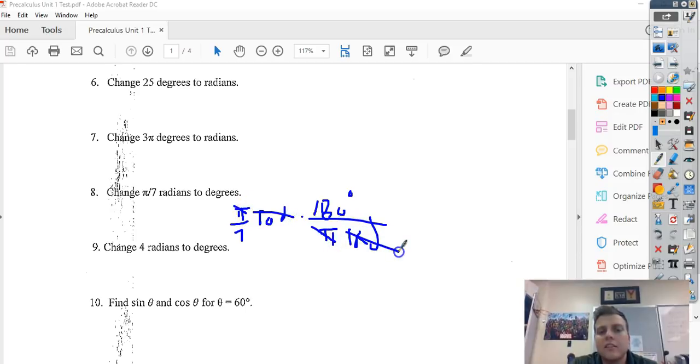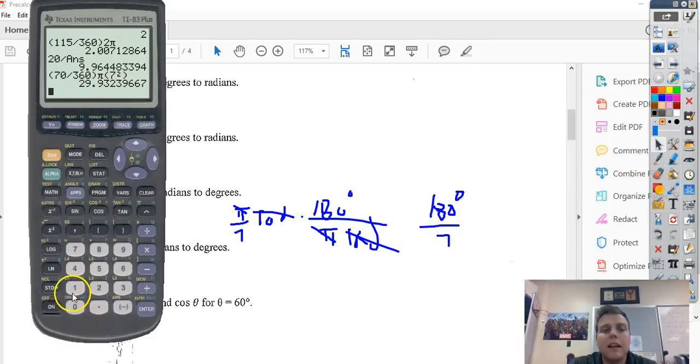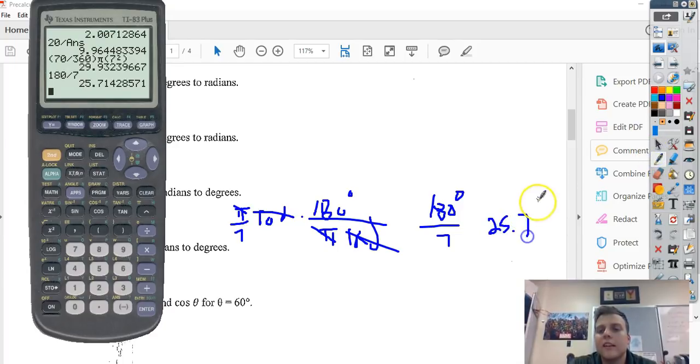So can the radians. So I end up with 180 degrees over 7. I can just put that in my calculator because we're talking about degrees, so I am allowed to get decimals. I say 180 over 7, and I get 25.7 degrees. And there you go.